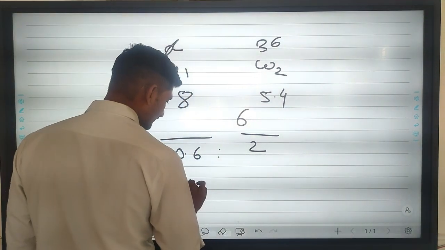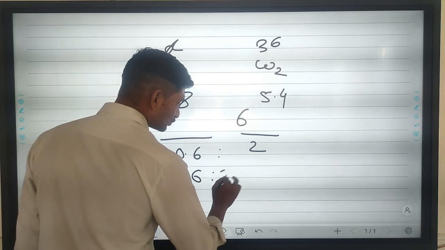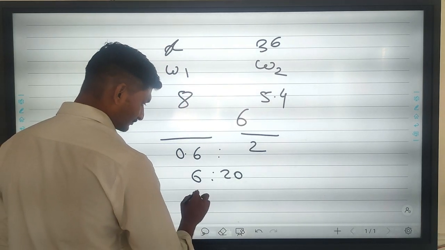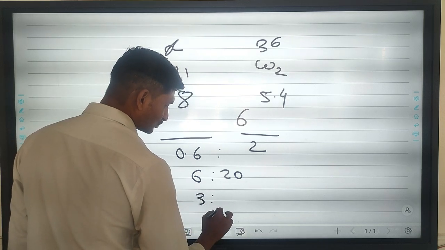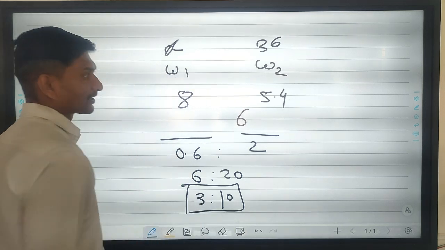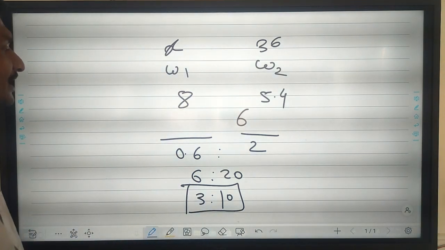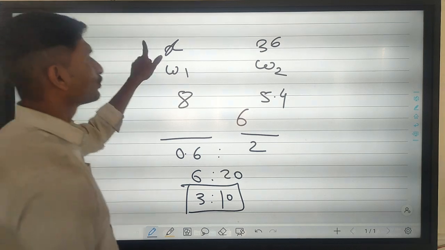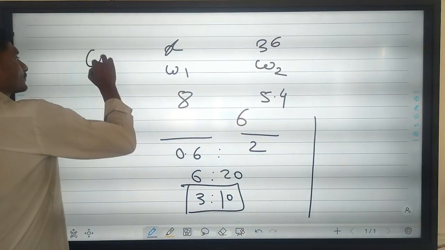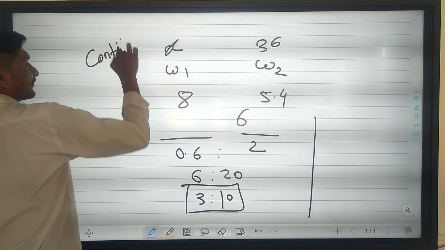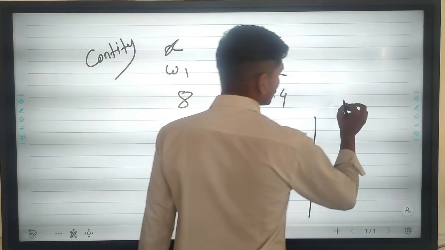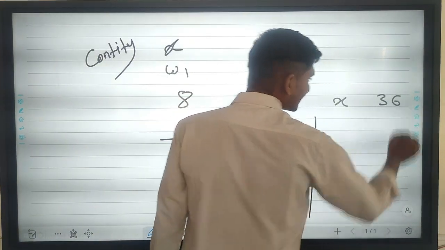Then their ratio is 0.6 to 2, which is 3 to 10. Your ratio is 3 to 10. Now here the quantities of W1 and W2 are X and 36.